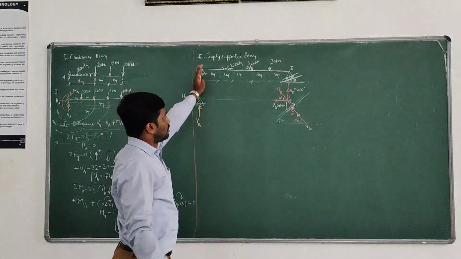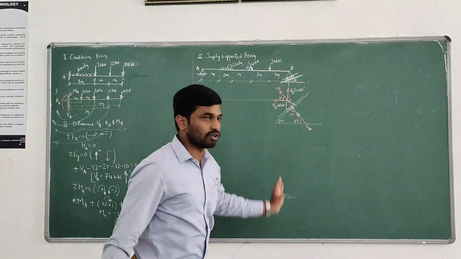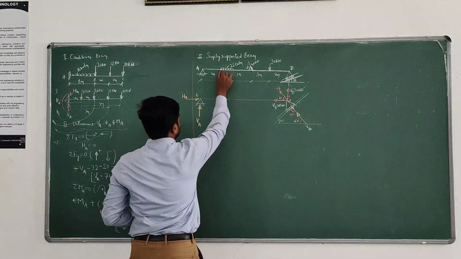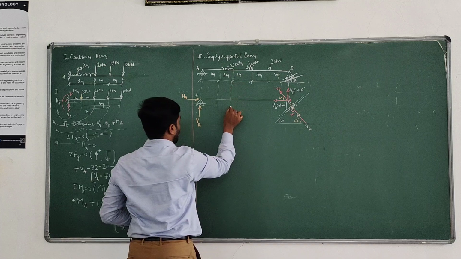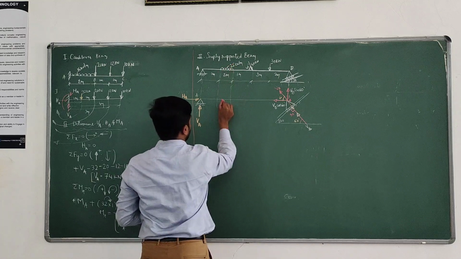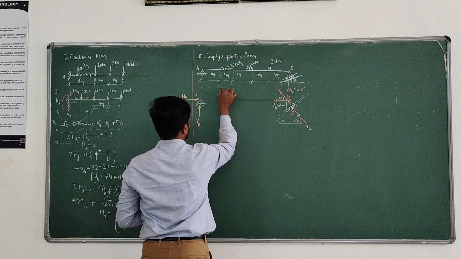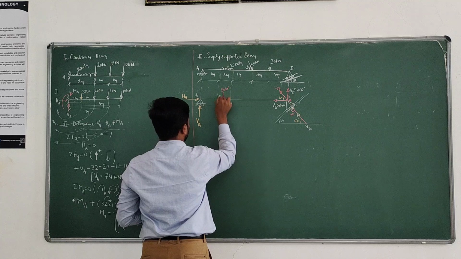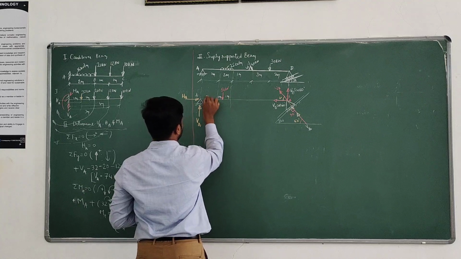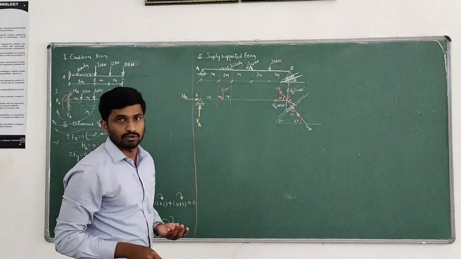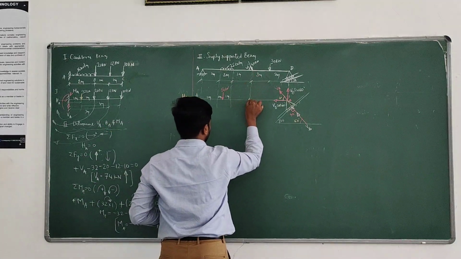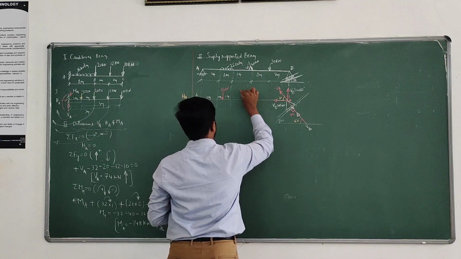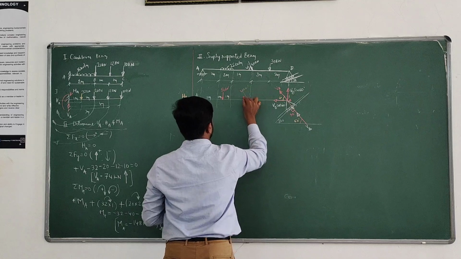The next step: distributed loads are converted into point loads, and inclined loads are resolved into 2 forces. At this point, we have UDL 25 into 2. Converting, W into L gives 50 kilonewton, and the distance is 2 by 2, that is 1 meter. The remaining part is also 1 meter. The next is this point, where we have an inclined point load of 40 kilonewton at 45 degrees.